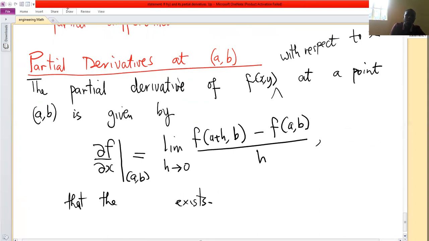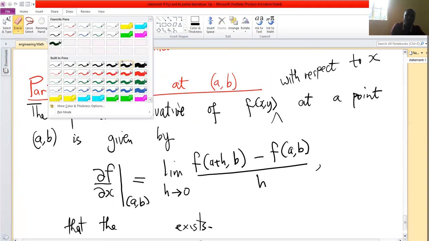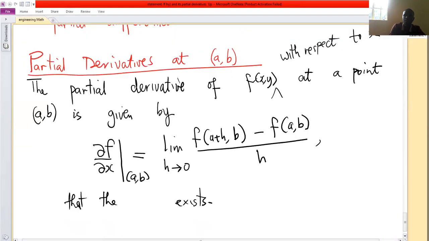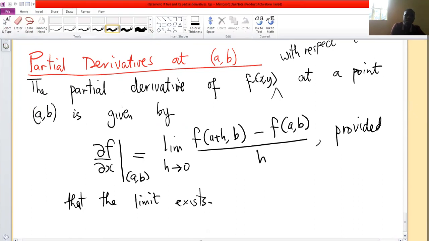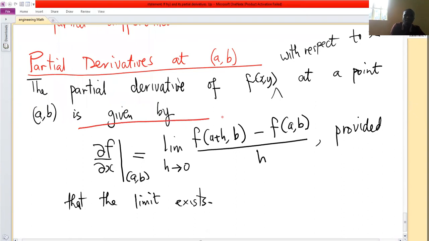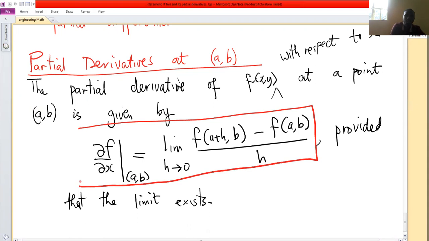So provided that the limit given in the definition exists. So this is the definition of partial derivative of a function f of x, y at a specific point (a, b).